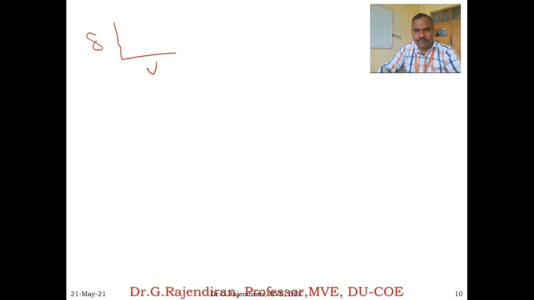Whatever the speed, when K is equal to 0, this is L by R. It will not move up, it will not move down. Clear, sir? You understand? So when K is equal to 0, this behavior is called neutral steer.